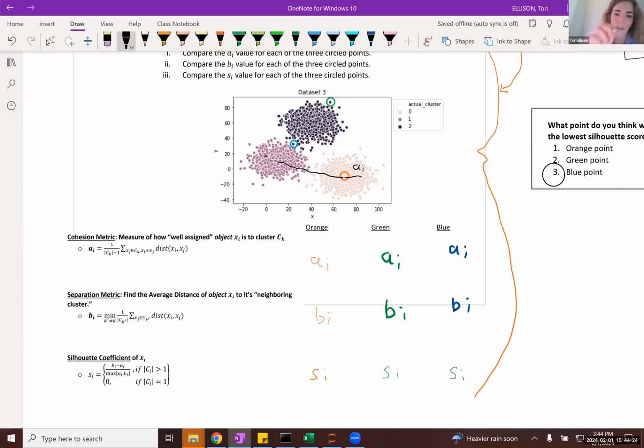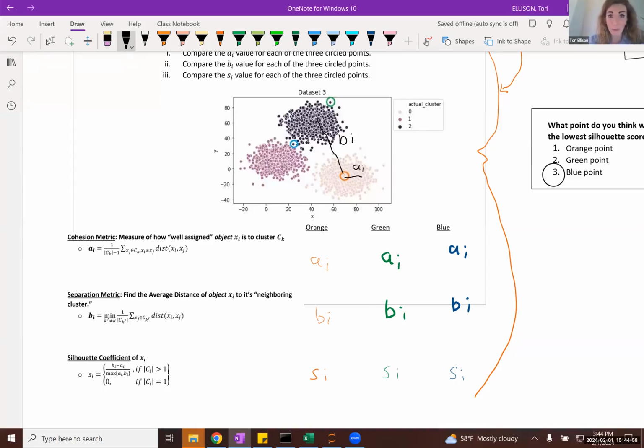Then we do the same thing for the other cluster: calculate the average distance of that point to all the observations in this cluster, which gives an average distance like this. The BI is the minimum of these two average distances, basically to all of the clusters that it's not assigned to. The smallest of these two average distances would be roughly this one, and so this is going to be my BI.